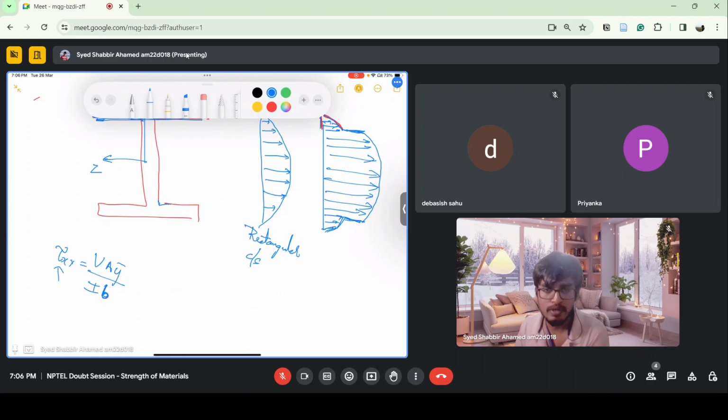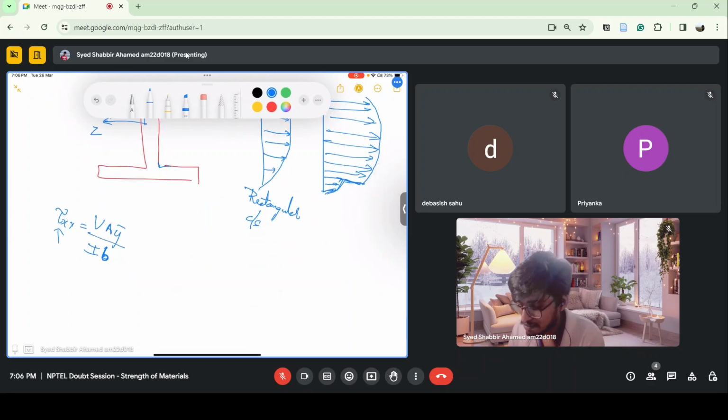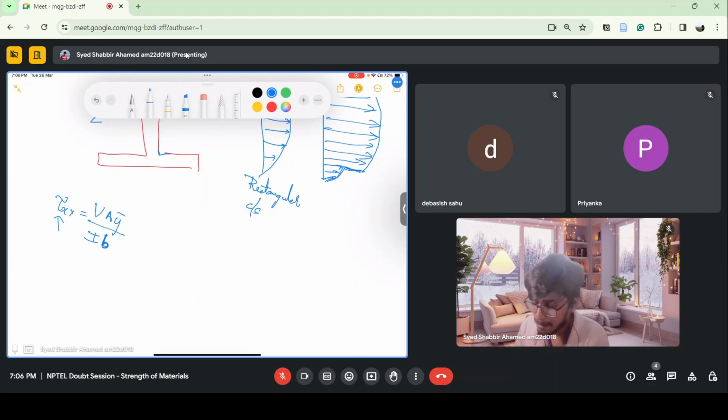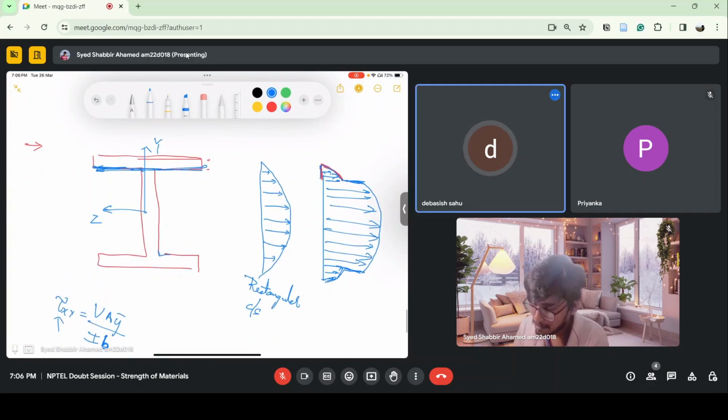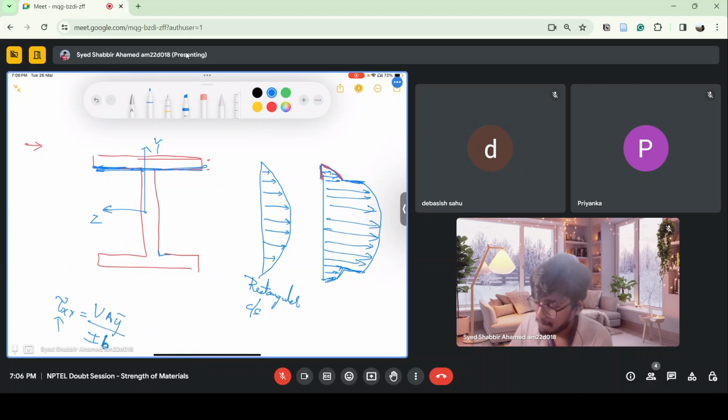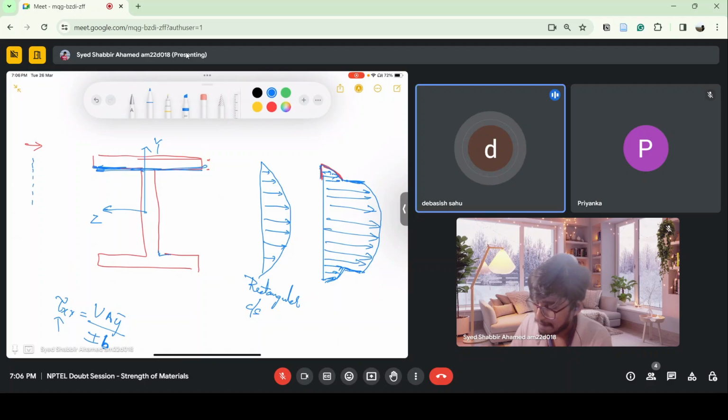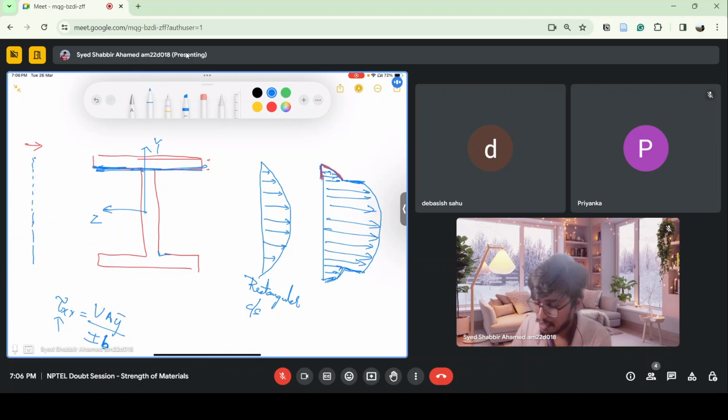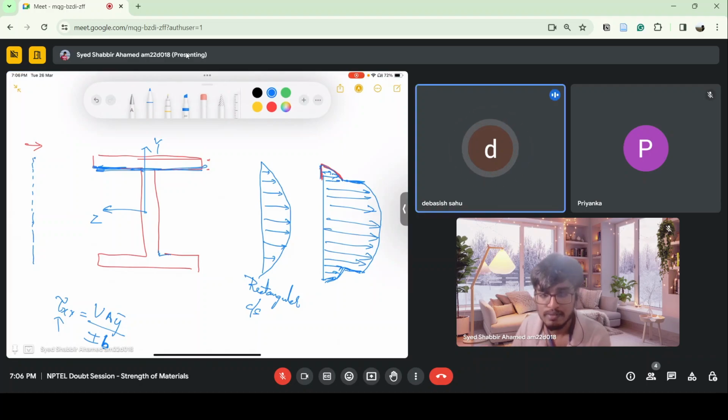What about strain? How does strain look? Two opposite triangles. Will there be any jump? Is this linear?